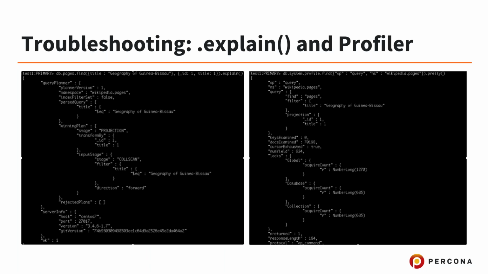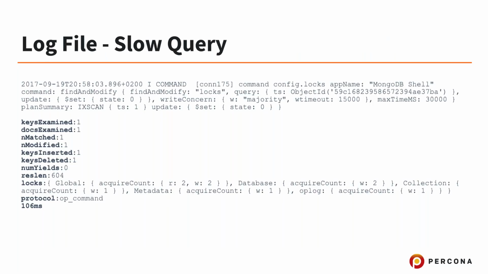And we can see different things about how the optimizer looked at the query and how the database performed the query, if that is useful to you. You can also get the same data out of the log files on the Mongo server, but hopefully you don't need to because that's just a bit of extra work.